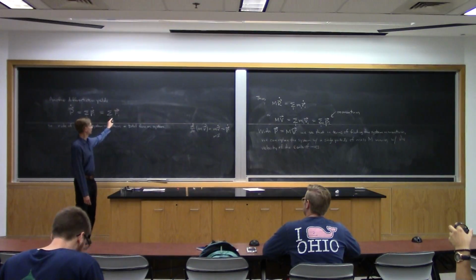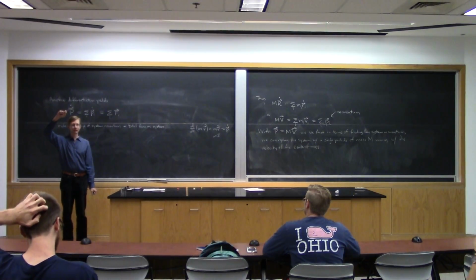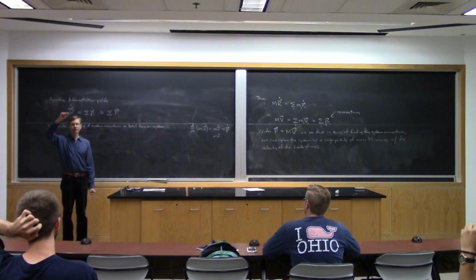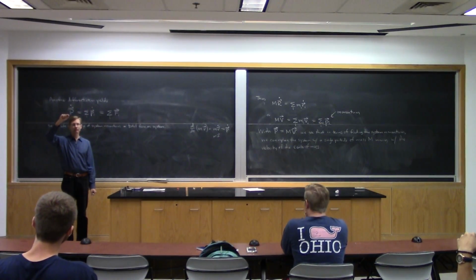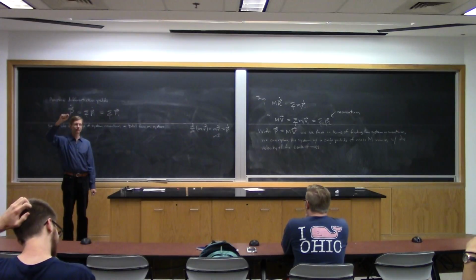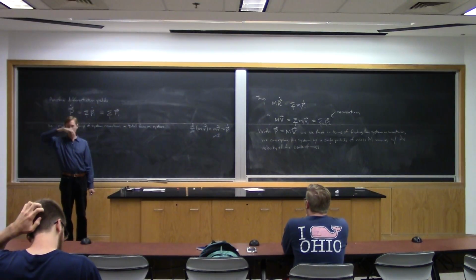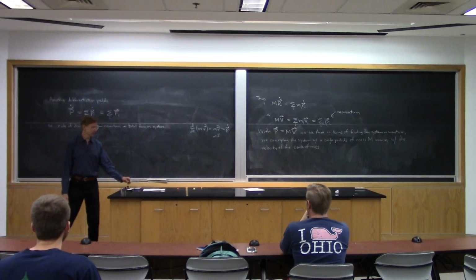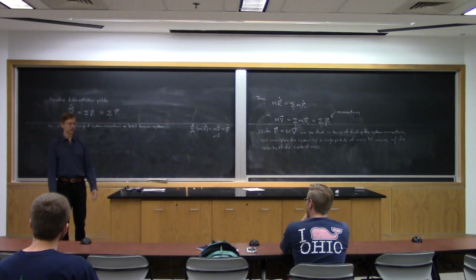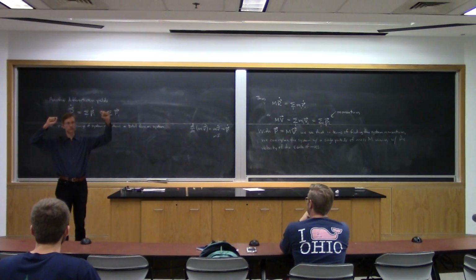Now for each particle, the total force on it will be a combination of any forces exerted on it by other particles in the system, plus any forces exerted on it by particles that are not part of the system, by the rest of the universe, if you will. What do we know about those internal forces? If I have two particles exerting forces on one another, Newton's third law says what about those two forces?